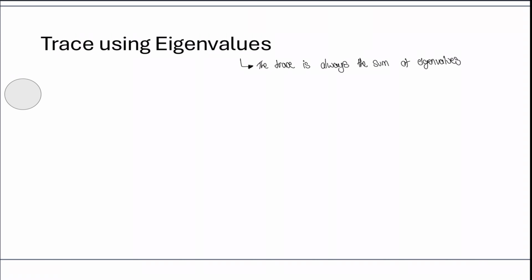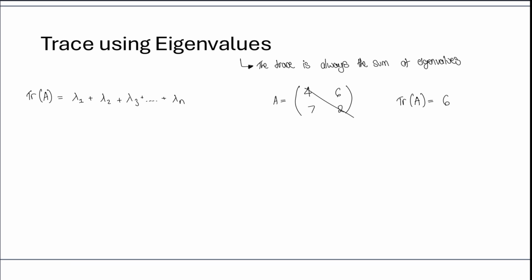So if we had some matrix A, the trace of A would be the sum of its eigenvalues. If we had the matrix A, which is going to be 4, 6, 7, 2, the trace of this matrix A is 6, so that's just us doing the elements in the diagonal added together.